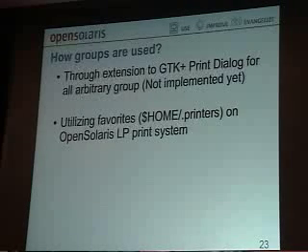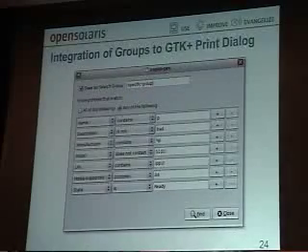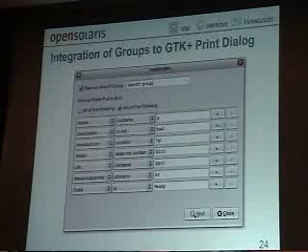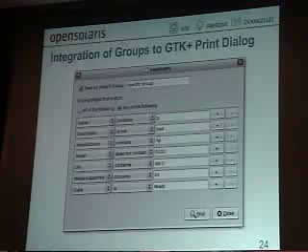So when someone adds a printer there manually, it will also utilize those printers from there. As I told, for the GTK printing dialog, the plan for phase 2 is to integrate this with the printing dialogs, so the user can easily search. Normally at home, probably you have only 1 or 2 printers, so it's only for big networks.